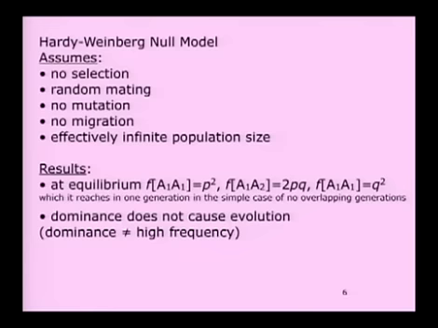It'll still be 40, 60, and the diploids in the population would be of certain frequencies. So the frequency of A1 homozygotes would be 0.6 times 0.6, which is 0.36, right?